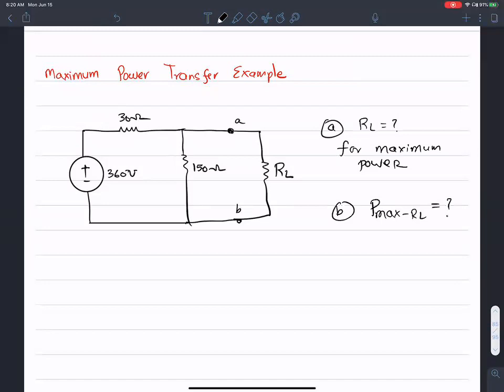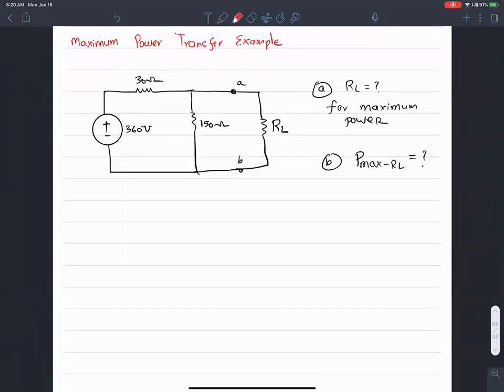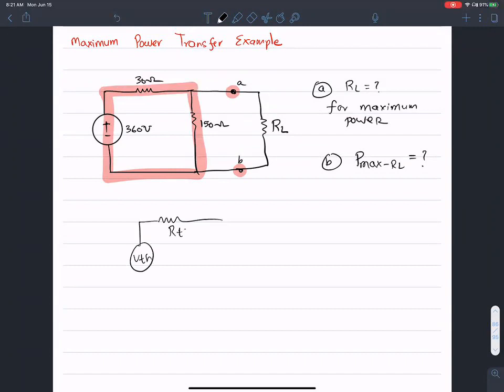Okay. So in order to do that, the first thing I'm going to do is to look at this circuit that is connected to terminals A and B, and see if I can write this as a voltage Thevenin in series with a resistance Thevenin RTH, and then replace the overall circuit with its Thevenin equivalent across A and B. Then I know RL will be equal to RTH if I want the maximum power transferred.